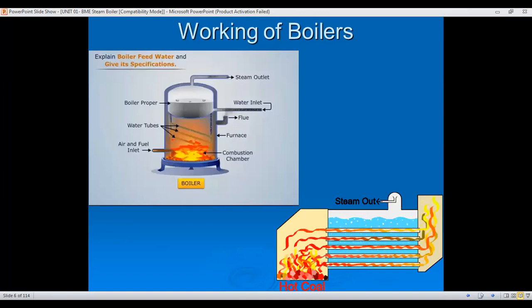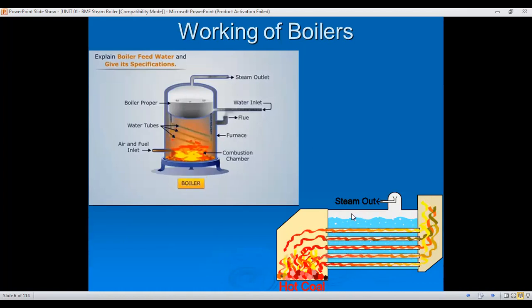Okay, now in this diagram there are two different types: this is the water tube boiler and this is the fire tube boiler. The first one is the water tube boiler and the second one is the fire tube boiler. See, hot coal is there, so hot gases are produced and pass through the tube.